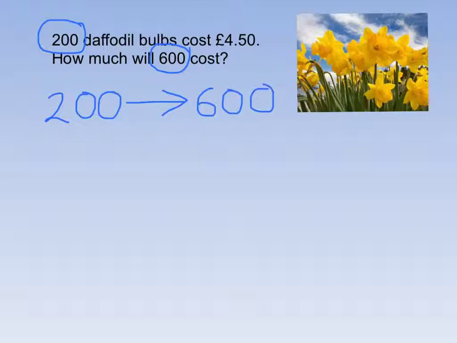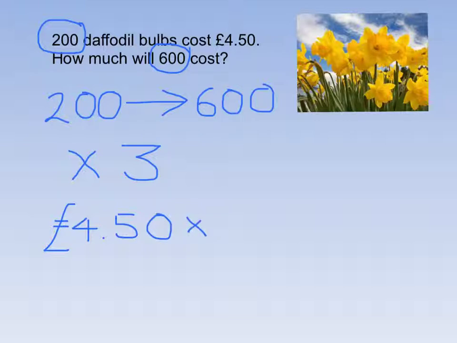Now when we've got relatively straightforward numbers like this, it's easy to compare them, and in this case we can see that the 600 is 3 times as many as 200. So to work out the cost, we take the price for the 200 and times that by 3, and the answer is £13.50.